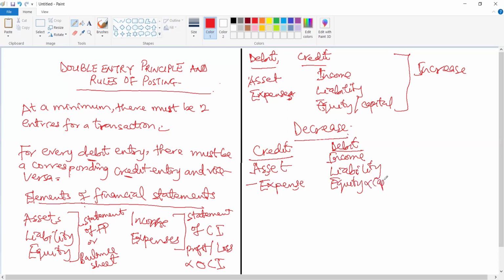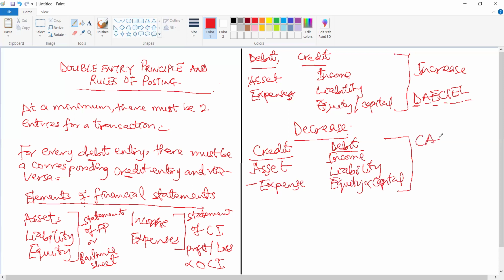And there is this mnemonic that I usually use. I call this one DICE, which means debit increases assets and expenses, while my credit increases income, equity, and liability. Why this one?